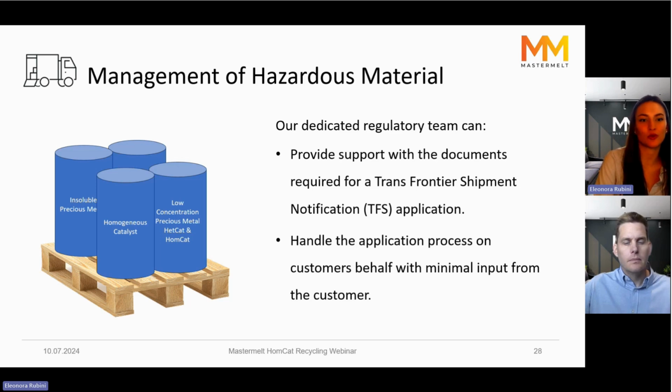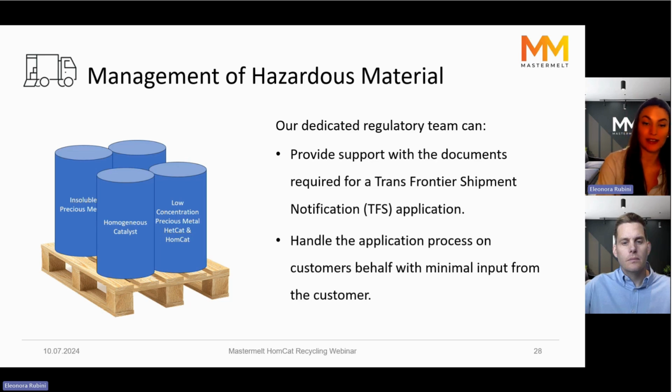In the case that you do have some hazardous material and it is more complicated, we do have a team that is dedicated to these regulatory issues and that has at the moment two options to help and support you. One is that we provide all the documents that are required and give you support in this application.